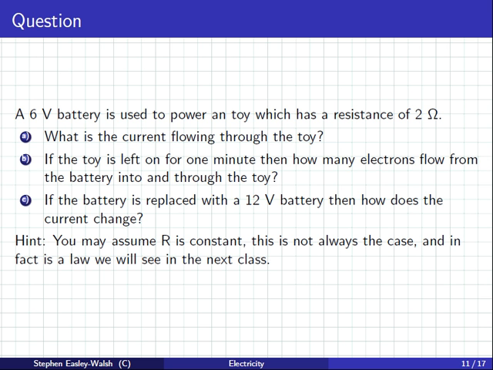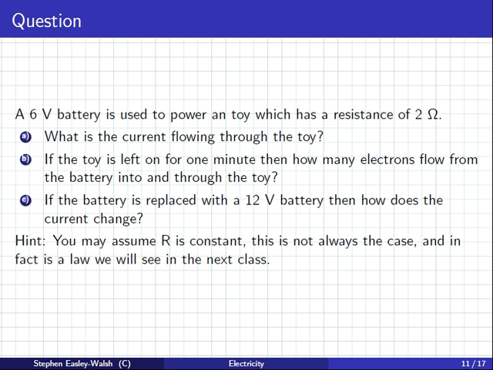If the toy is left on for 1 minute, then how many electrons flow from the battery into and through the toy? So what did we say the current was? 3 amps, which is 3 coulombs per second. And how long is it on for? 60 seconds. So how many coulombs of charge is that? Is 180, right?